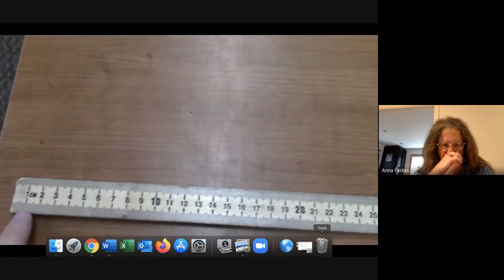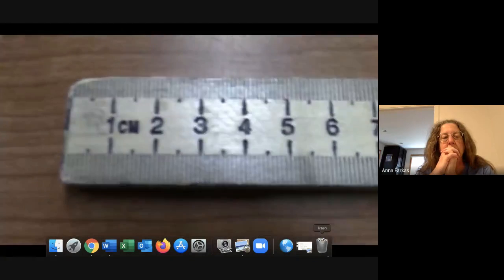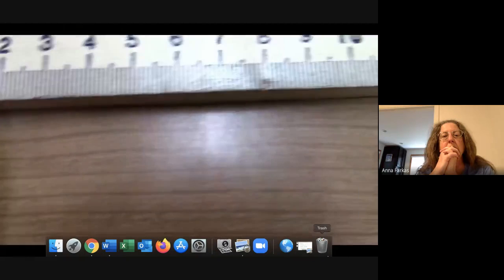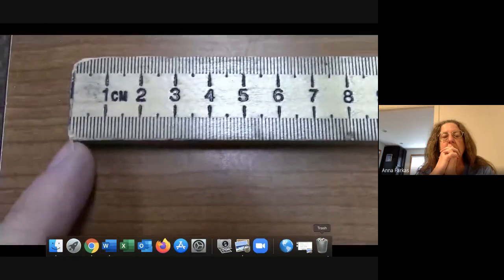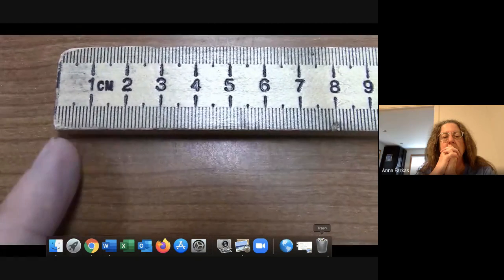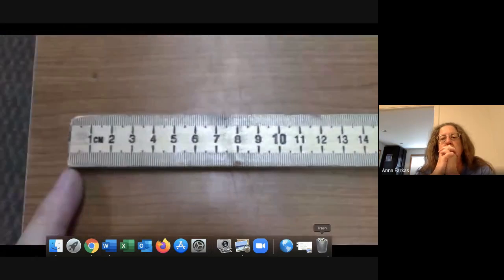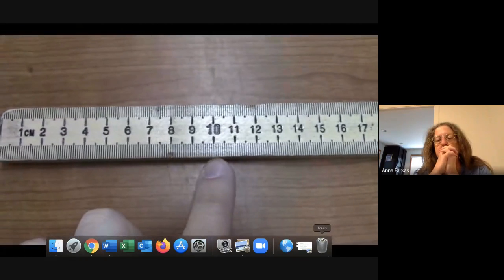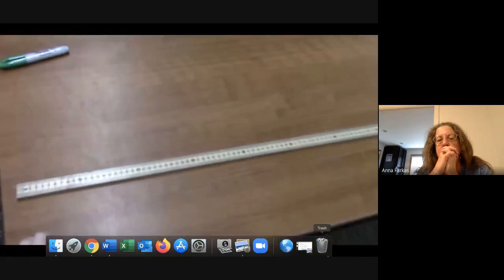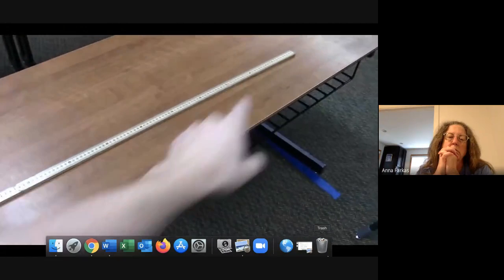And each one of these, like I said earlier, is a centimeter. 1, 2, 3, 4, 5. And each one of these tiny little dashes here is a millimeter. So there's 10 millimeters in a centimeter, and then there's 10 centimeters in a decimeter, and there's 10 decimeters in an entire meter.